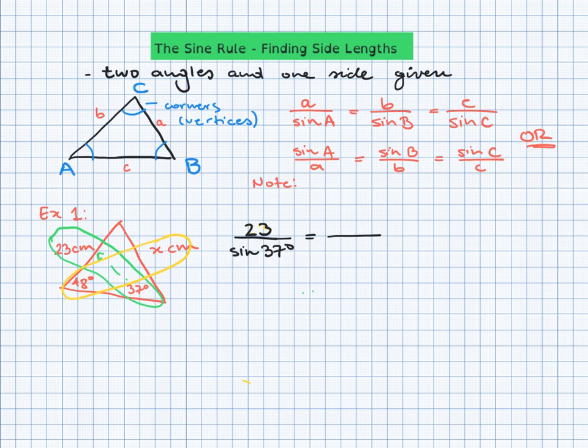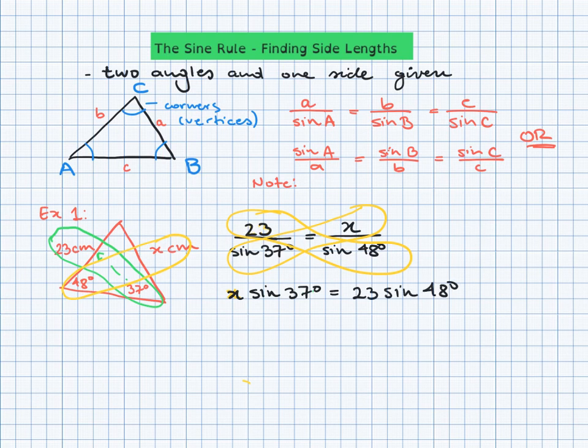In this case, that other length is x, so we're just going to write x here over sine of 48. Now all we have to do is solve for x, and what I like to use is cross multiplication. So I cross multiply, like that. It's going to give me x times sine of 37 is equal to 23 sine of 48.